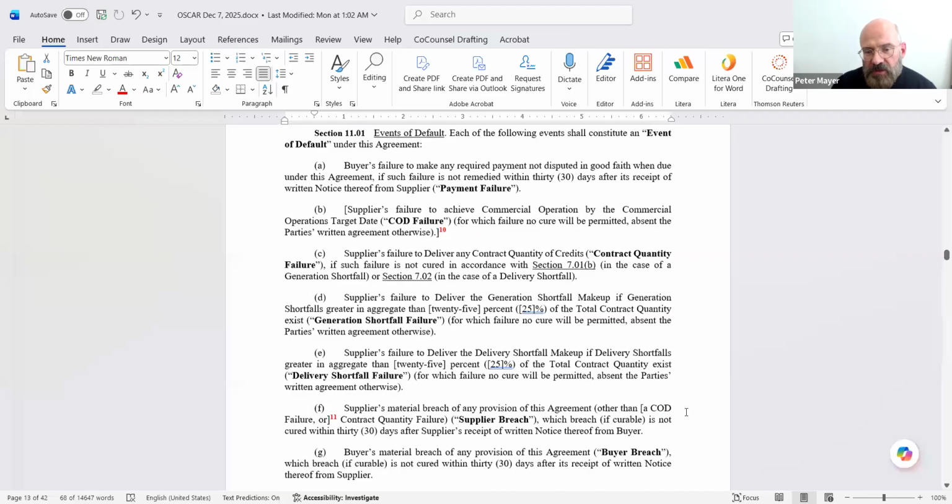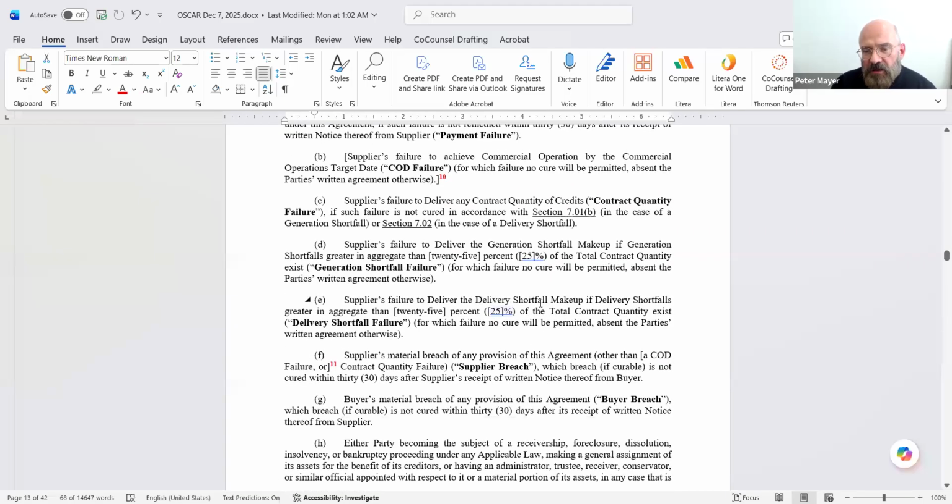For instance, when you look at the delivery shortfall or generation shortfall, this now suggests at least 75% of the credits need to be delivered after the cure period, which we were just looking at in 7.01 and 7.02.